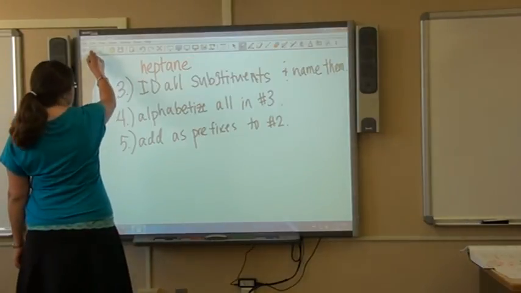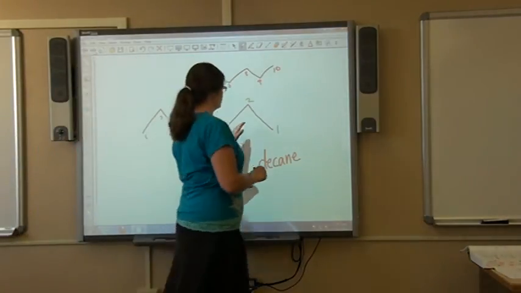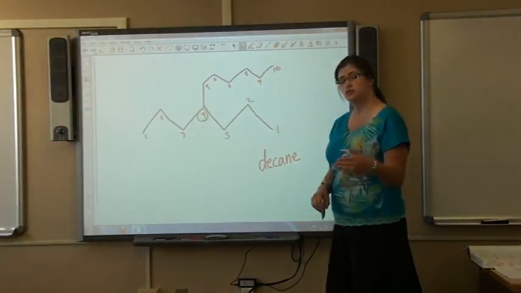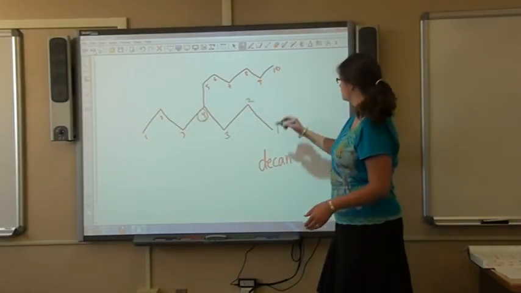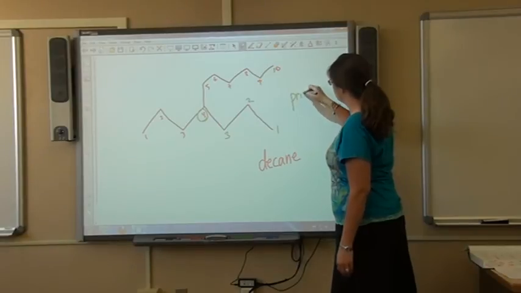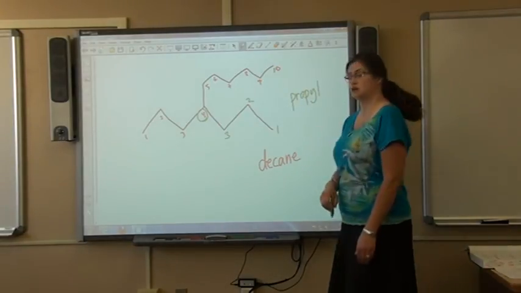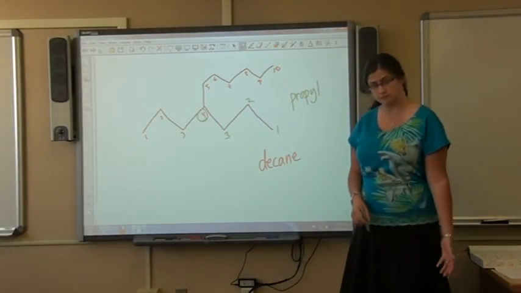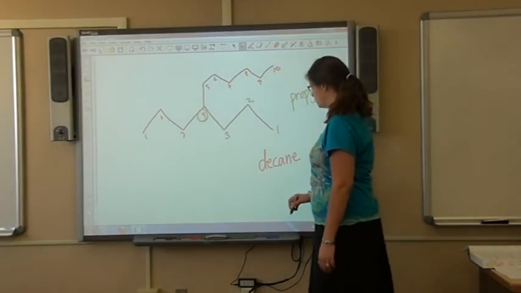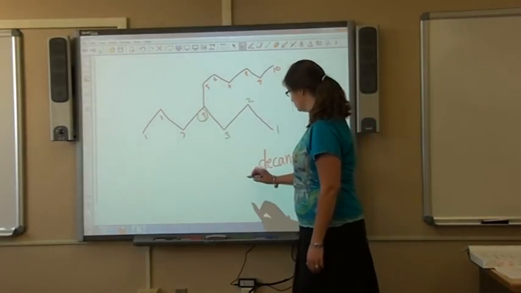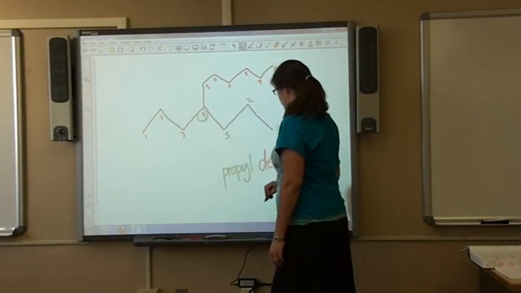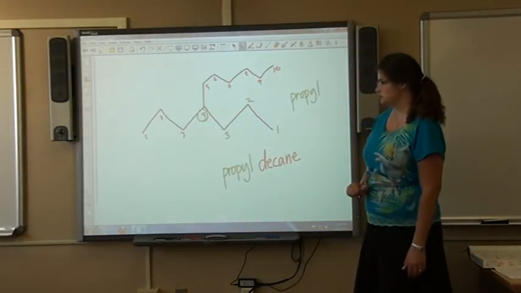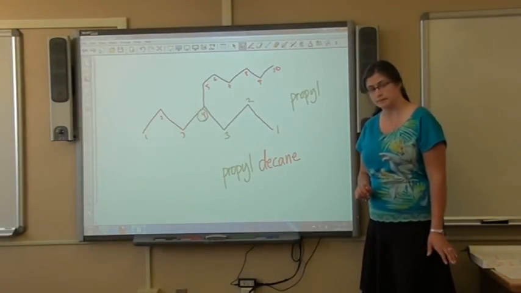Okay, so here we have this 3 carbon chain. The word for 3 is prop. So when we use it as a substituent, we call it propyl. Now, we can put that here. So we have propyldecane, one word.